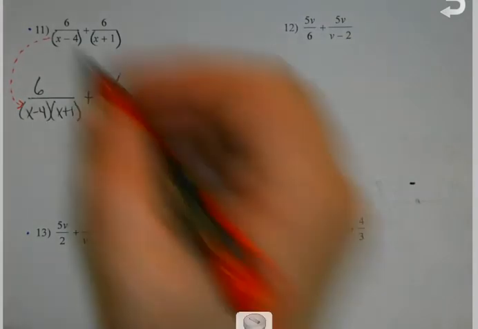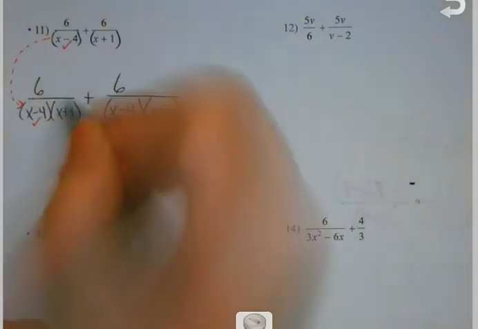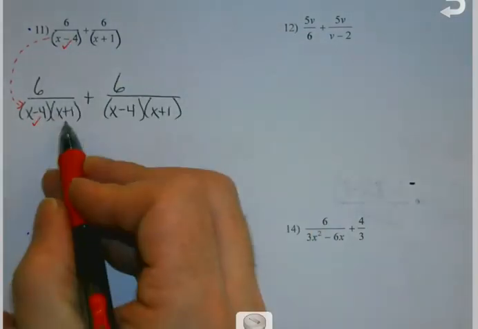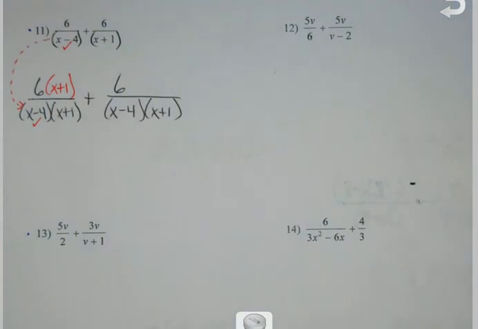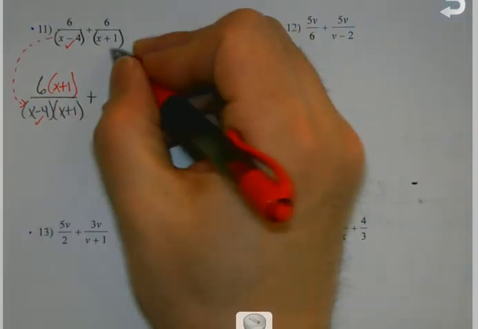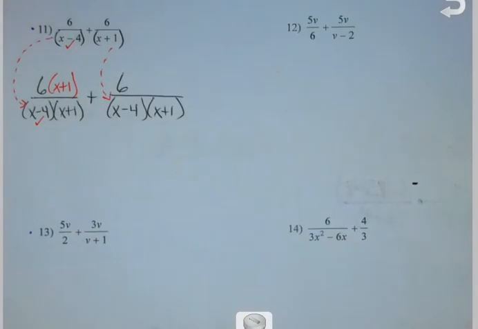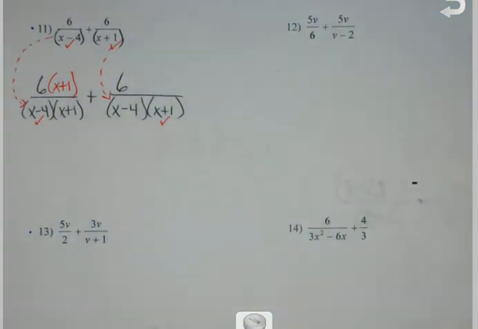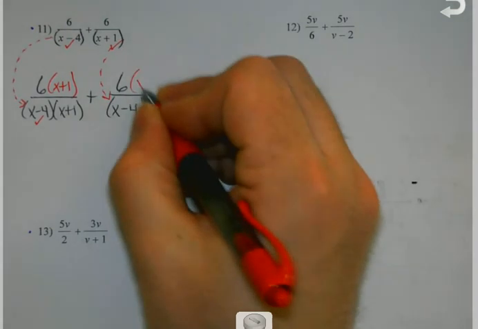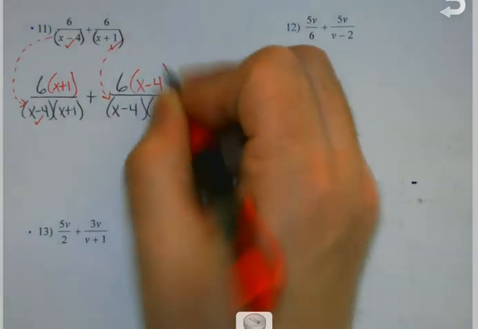Some people look at it as a puzzle and they say, hey, I got this puzzle piece already, but I don't have that one. So I got to put it in my collection up here in the numerator. And then I got to do the same thing on the second one. I got the x plus 1 piece. I need the x minus 4 piece. Get that up there.